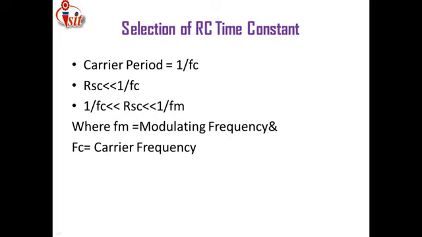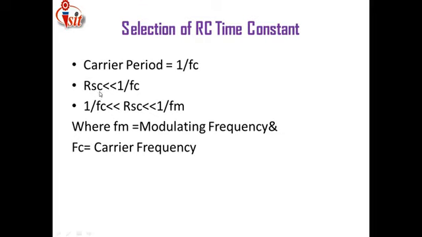Why have I represented the carrier period as 1 divided by FC? Because we know the standard relation between frequency and time: frequency is inversely proportional to time, and time is inversely proportional to frequency.